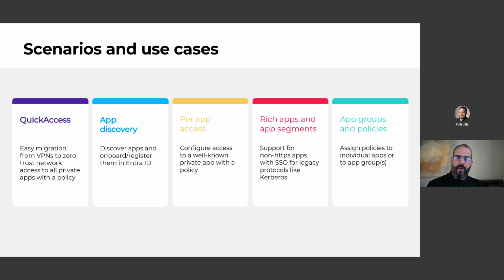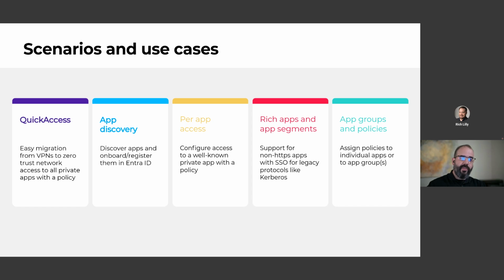So set that up and already with that initial setup, we have that advantage of being able to put in our zero trust controls, our conditional access controls for that VPN access and have it integrated into our conditional access rules. In addition to that, we have the app discovery that we talked about. This allows us to, once we have that quick access running, discover the apps we're using, start putting controls, register them in Entra ID, and start segmenting that out as we go.